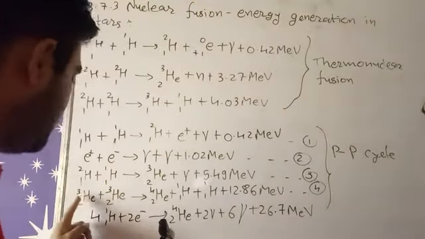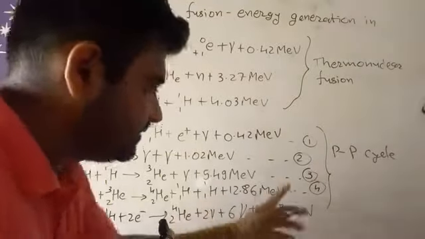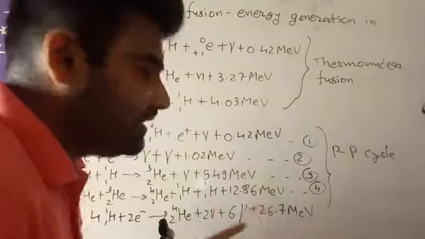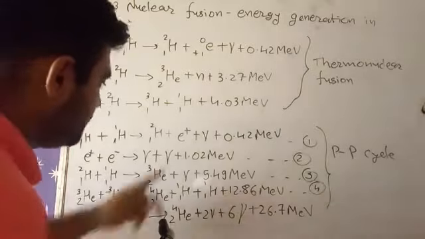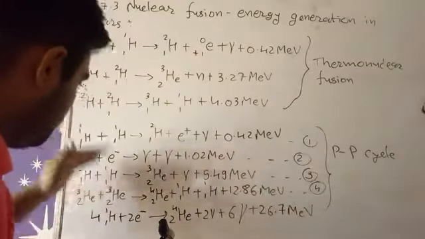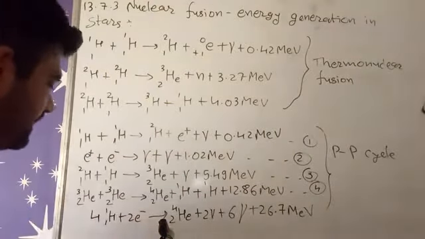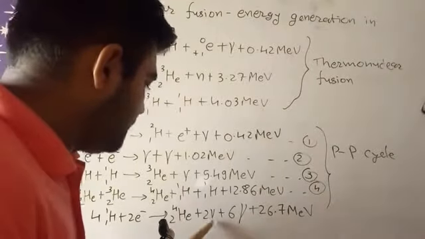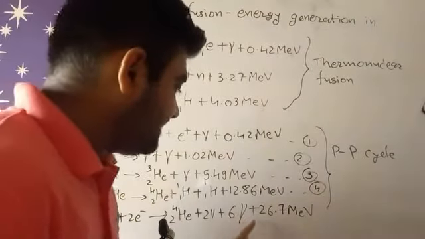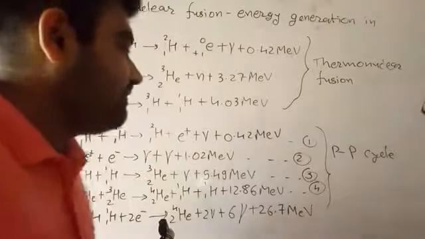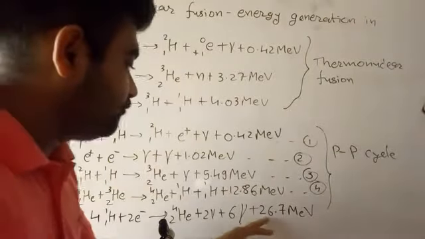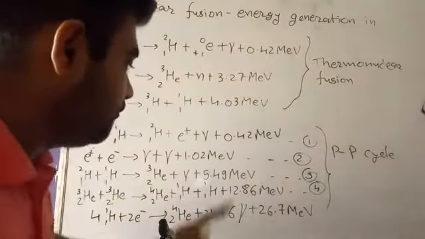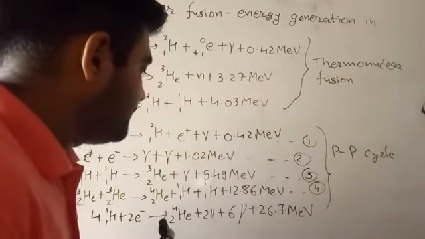That's how we get this fourth reaction. The fourth is only 1 time. So 4 1H1 plus 2 electrons on the left hand side gives 2 helium 4 plus 2 neutrino plus 6 gamma, and this amount of energy will be released during this whole process. This is the total energy released.